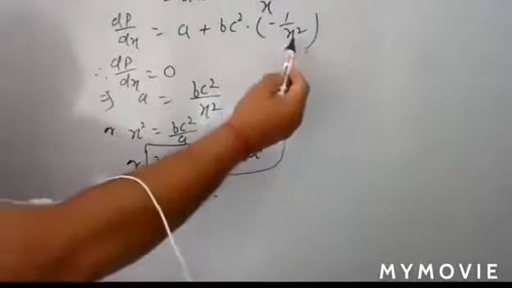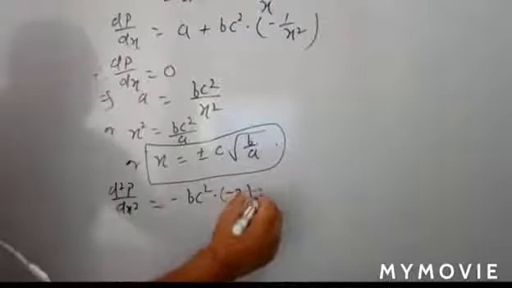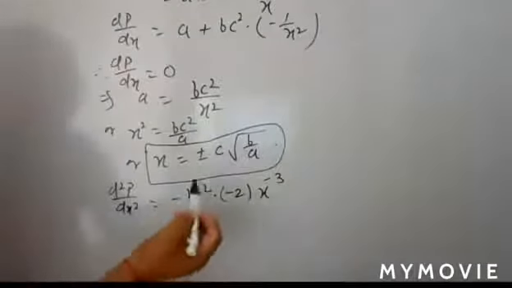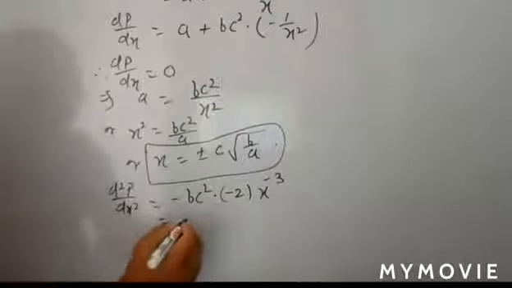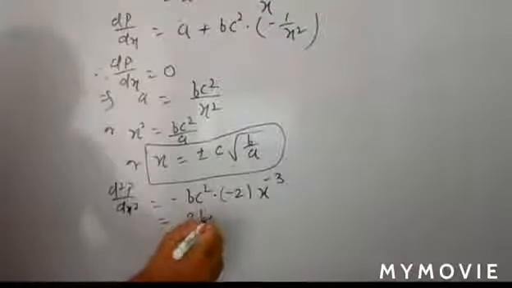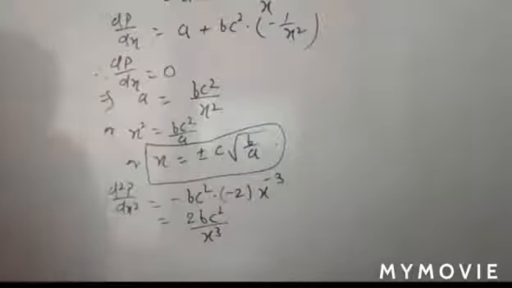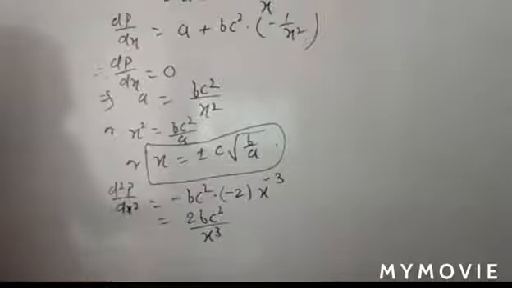That can be written as x to the power minus 2. So minus 2 into x to the power minus 3. Now, if you are putting these values, so here you have positive. So you have 2bc square upon x cube. Okay, so that gives the value of second derivative. But what is your question?